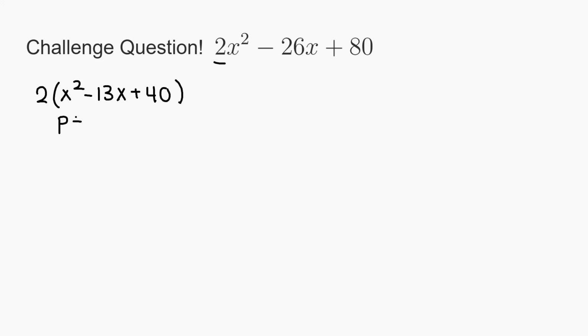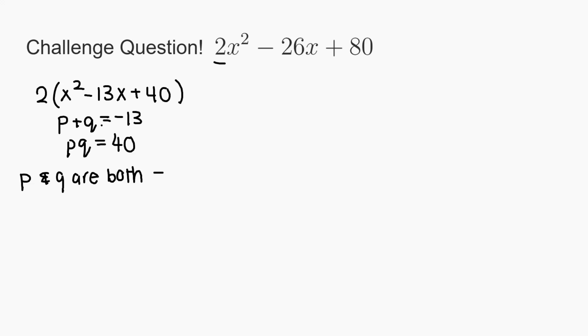So, p plus q is equal to negative 13, and p multiplied by q is equal to positive 40. Because this 40 is positive, we know that p and q are both positive or both negative. Let's take a look at the sum of p and q. That's a negative number, so we know that p and q are both negative. This is because the sum of two positive numbers is not going to give us a negative number.